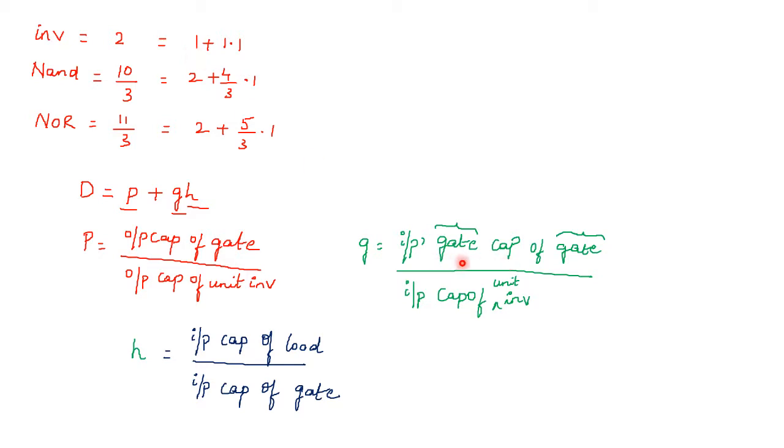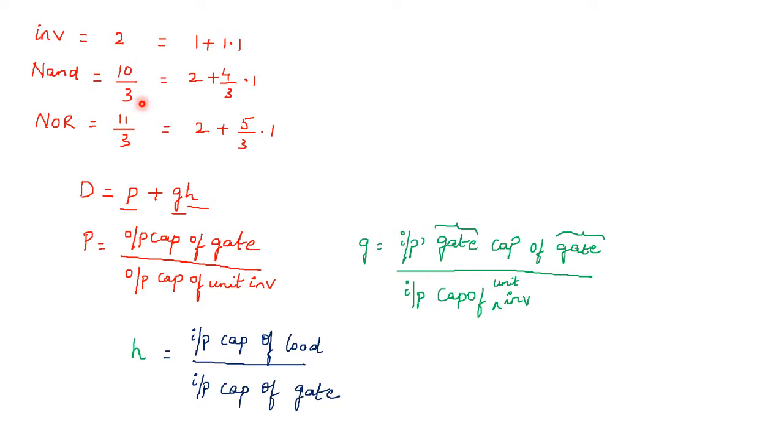Similarly, the input gate capacitance ratio gives you 1. If we have two similar gates cascaded, then the input capacitance of the load equals the input capacitance of the gate under consideration, so this ratio again gives 1. Therefore, we can write the delay of the inverter as 2.